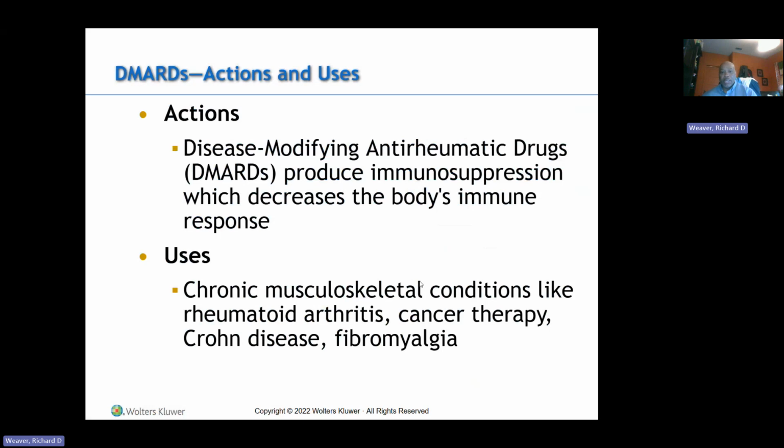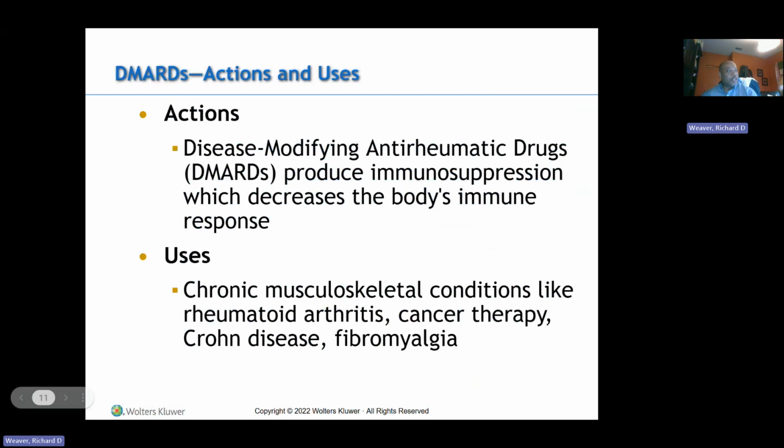Now, in the early stages of this condition, NSAIDs might be used by themselves. But then, as this disease worsens, pain medication and corticosteroids may be used for quick relief. But then the DMARDs are added in order to suppress the immune response, which can control the symptoms that this autoimmune disorder causes.